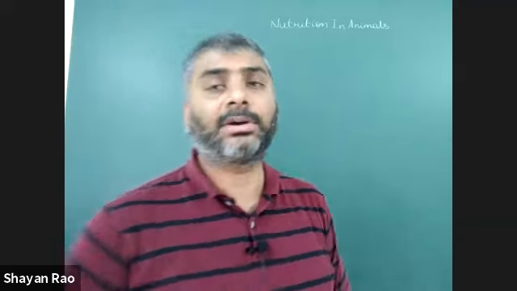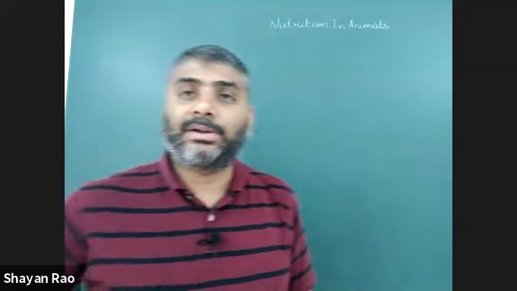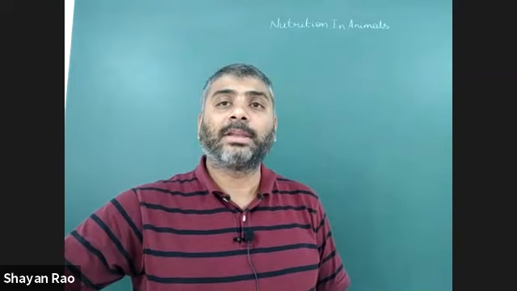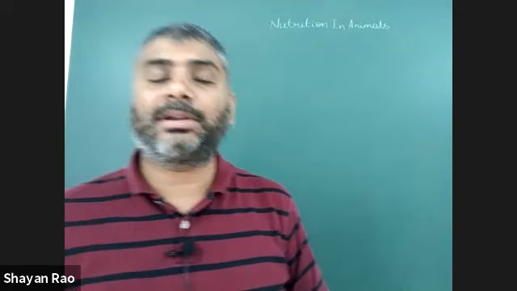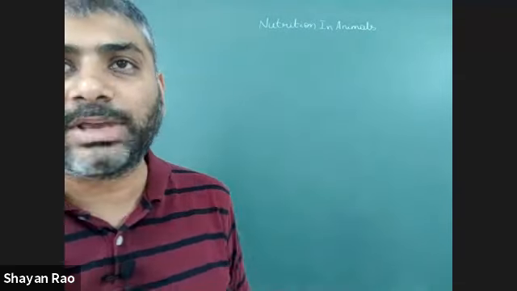Okay. So in the previous class, we started discussing human nutrition in animals. We understood how nutrition is present in the human body, and that the digestive system is considered holozoic in nature.